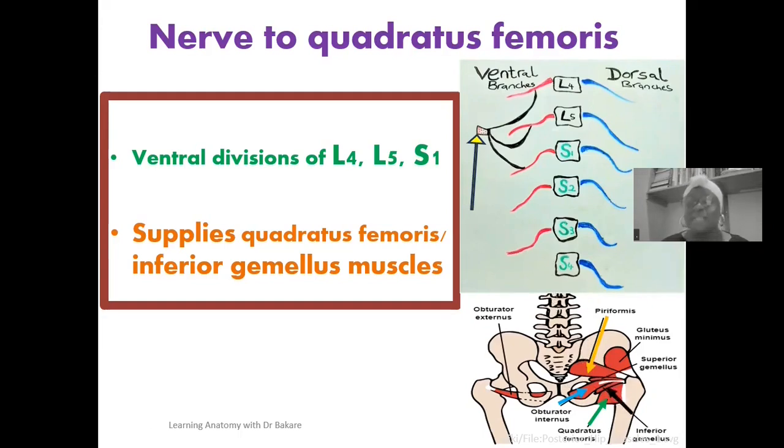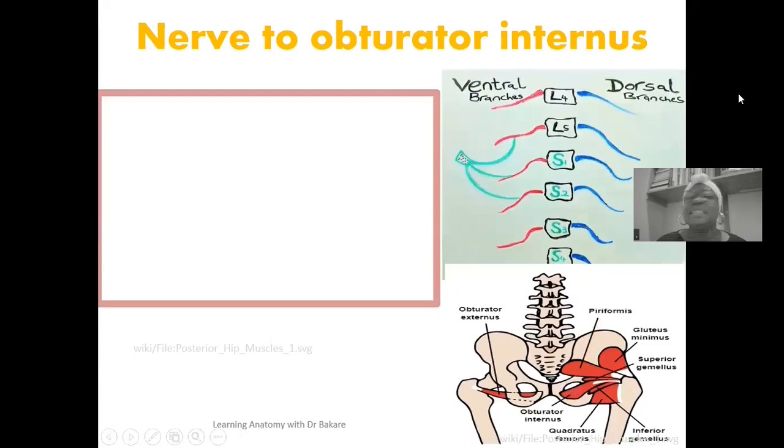This muscle has a superior part that is located above the obturator internus. Muscles captured within this region here in dotted yellow are innervated by the nerve to the quadratus femoris, which include the quadratus femoris itself and also the inferior gemellus muscle. Then the next is the nerve to the obturator internus.